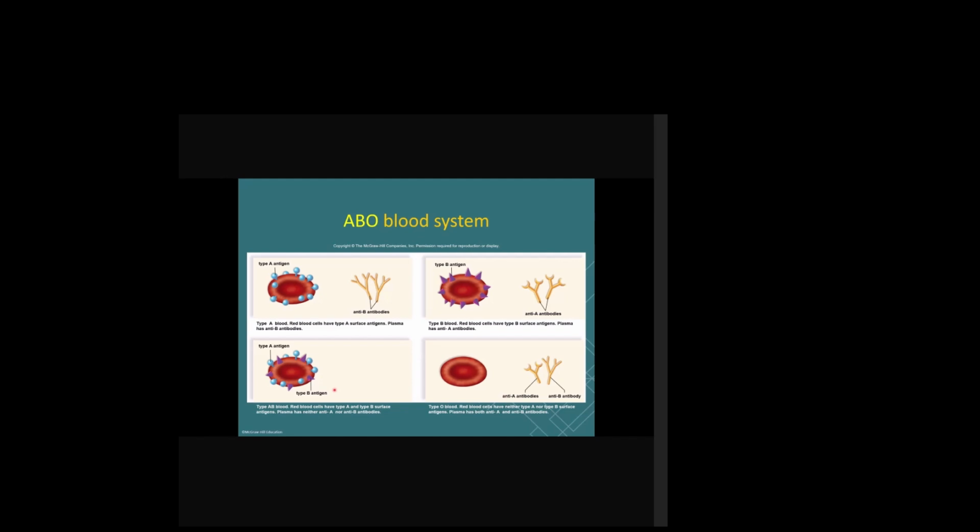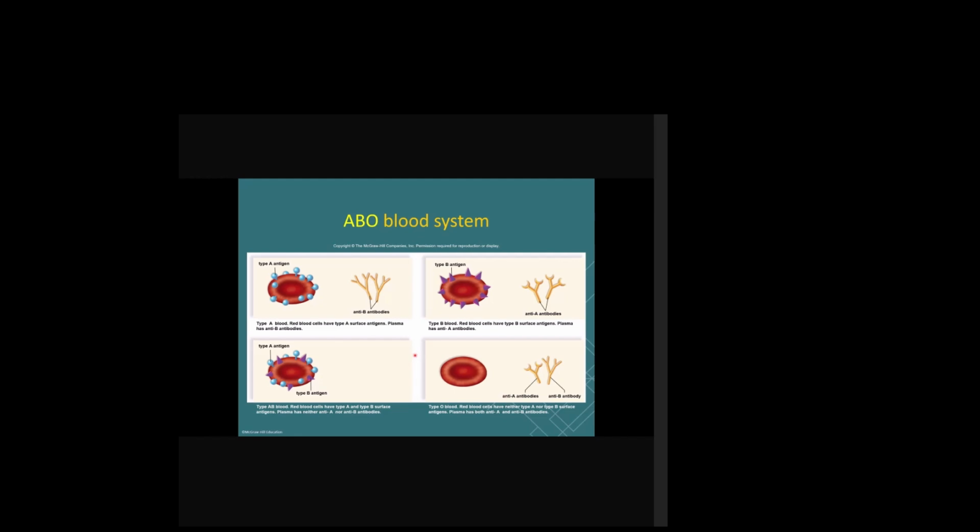What about if blood type A wants to give their blood to somebody else? Who can they give their blood to? Who can use blood that is given by somebody that has blood type A?